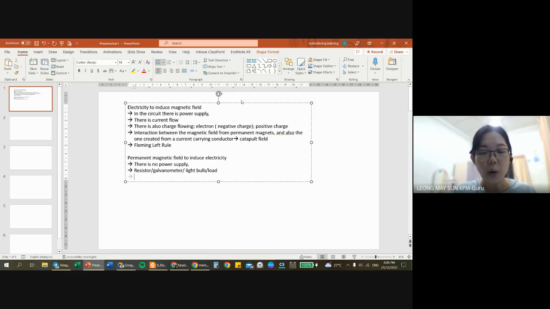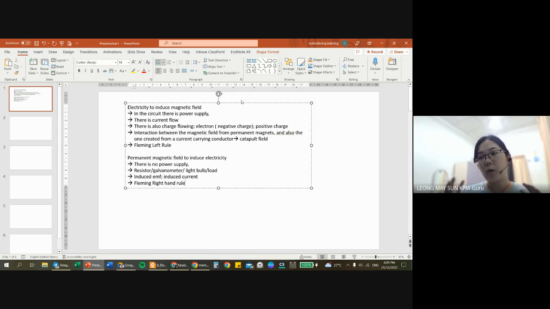So when permanent magnetic field is used to induce electricity, there will be induced EMF, induced electromotive force. There will also be induced current. In order to identify the direction of current flow, we will use Fleming right-hand rule.